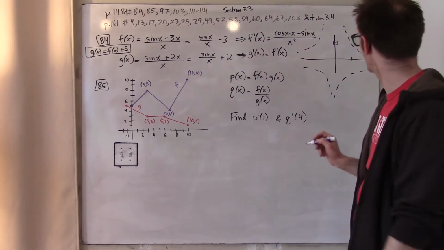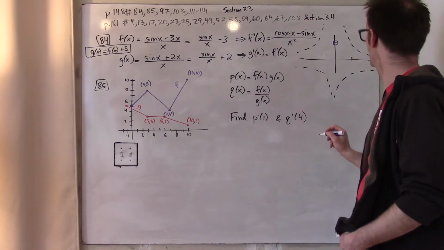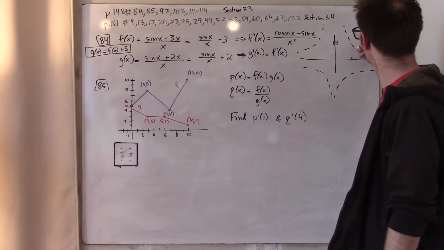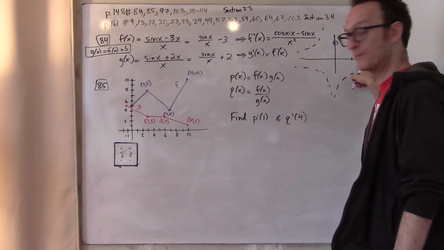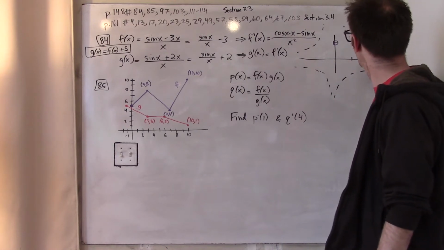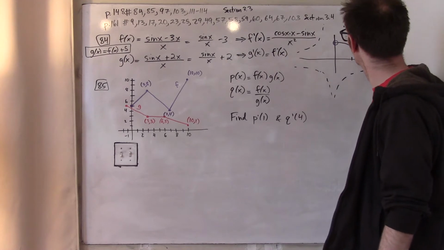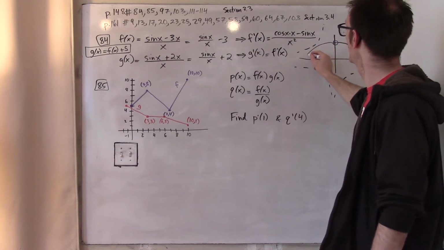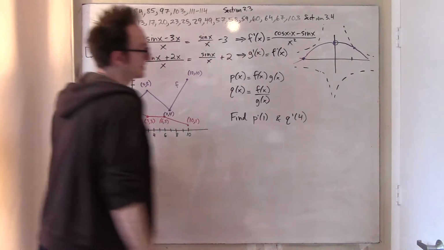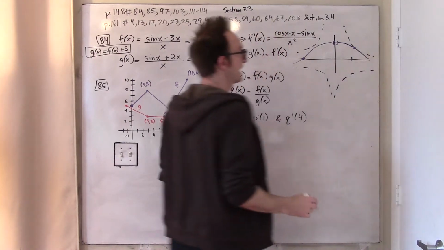That was the one that was kind of like a mystery, but by the time I get to pi over 2, which is like 1.5, I'm going to be up here at this point. And then later on at pi, which is actually going to be off my board, I'll sort of be back again. So it's going to have this kind of shape in which that's negative pi, in which it's even and it kind of goes up and down. I sort of picked a bad scale here, I realize now.